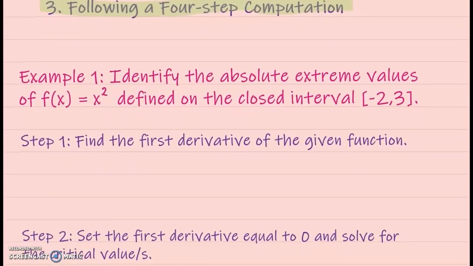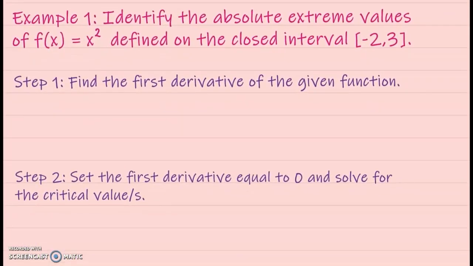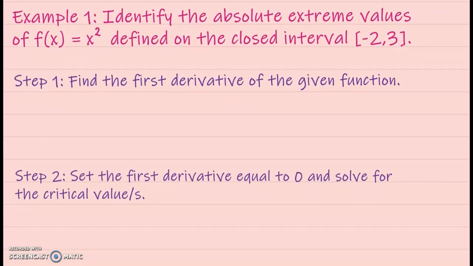Now let's have our first example. Identify the absolute extreme values of f of x equals x squared defined on the closed interval from -2 to 3. So step 1: find the first derivative of the given function. Our given function in our example is f of x equals x squared.